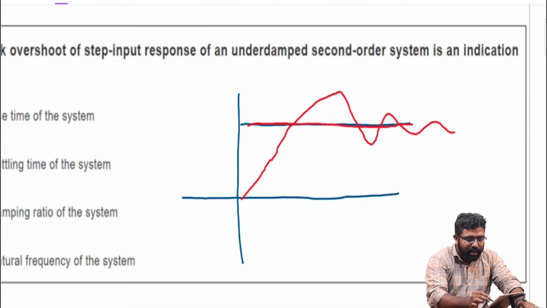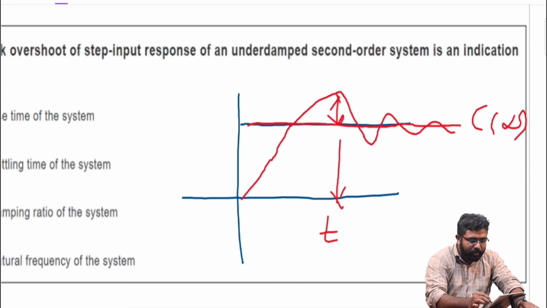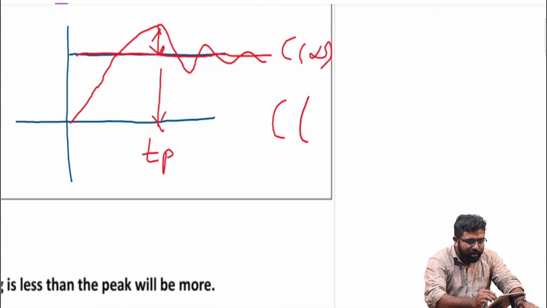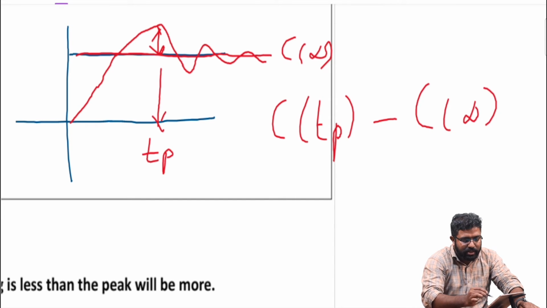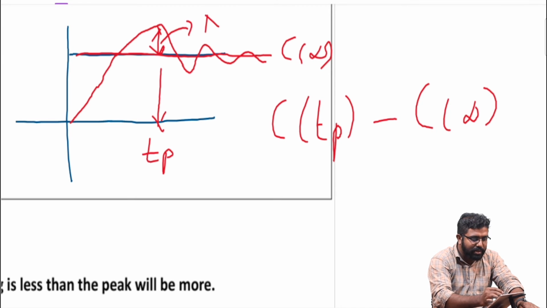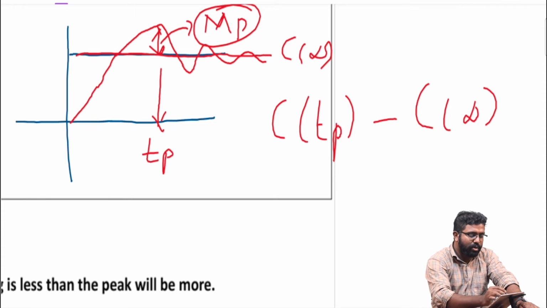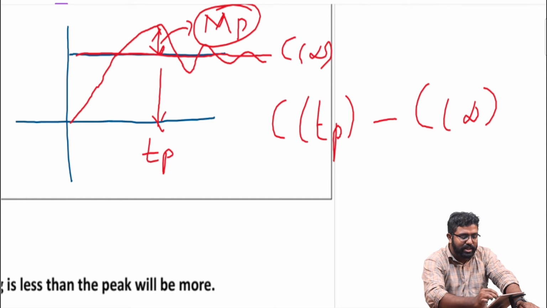This is my final value C infinity. It reaches a peak value at the peak time Tp, so the response has an output value C of tp, and the difference from the steady state gives you the maximum peak overshoot, the first overshoot.